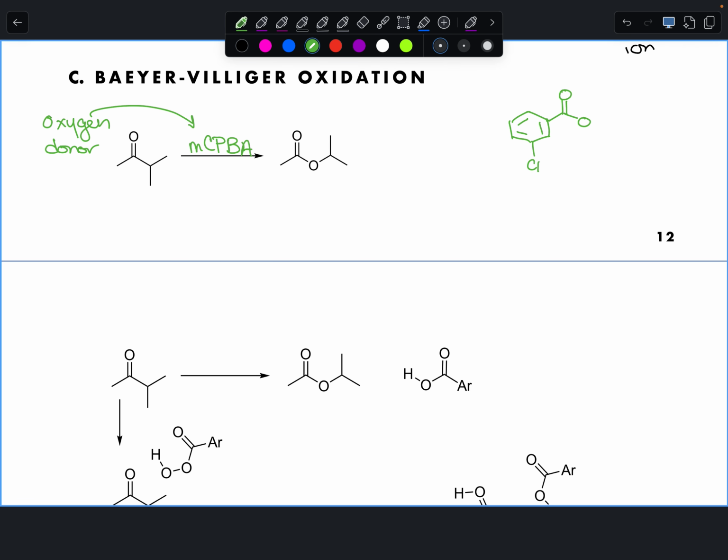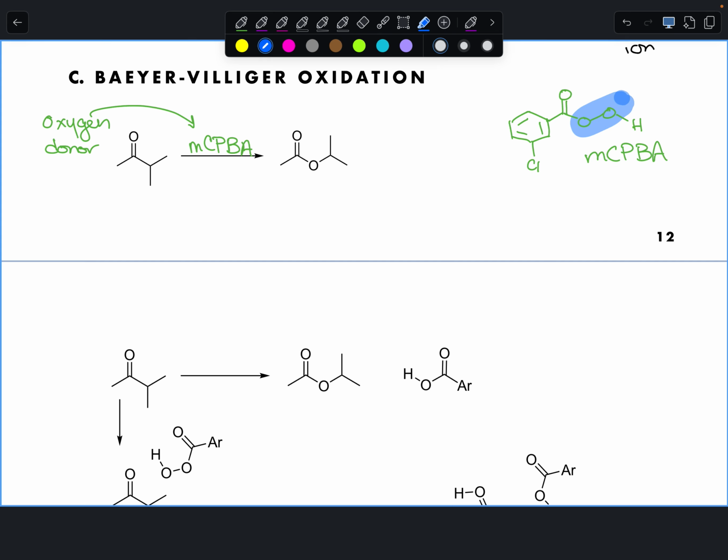So the way that we can kind of remember these in general is that our carbon nucleophiles and our hydrogen nucleophiles like to add to the carbonyl carbon. So these are going to be H- and R-.